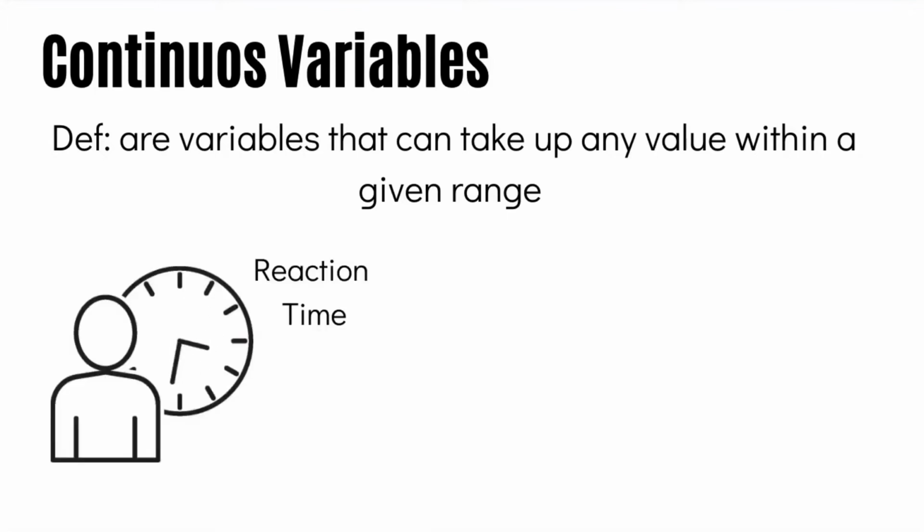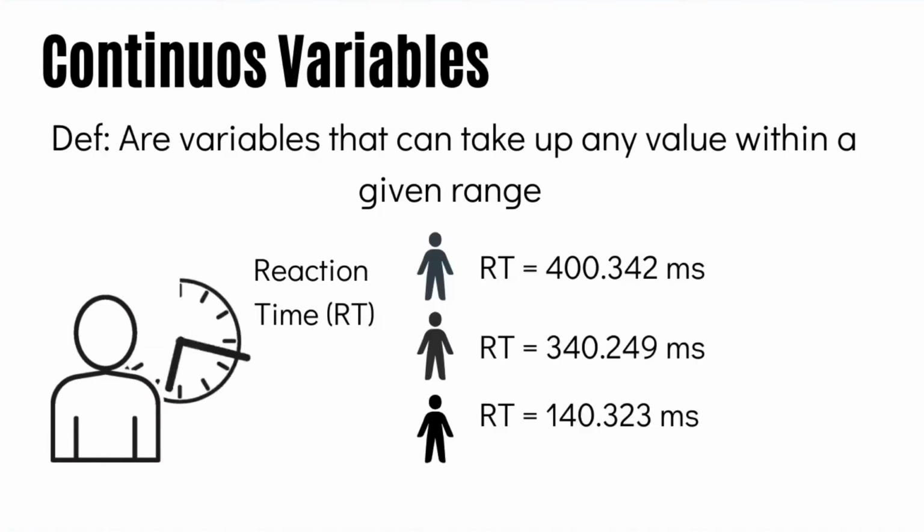Reaction time, which is a very common behavioral measure collected by numerous cognitive tasks in psychology or cognitive sciences, is a very good example of a continuous variable because reaction times can take up any value. For example, participants can have different reaction times.